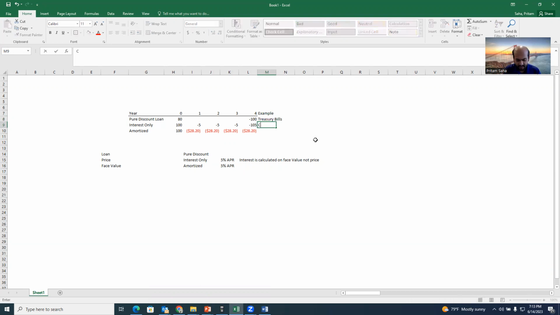Interest only: coupon bonds, which we're going to talk about next chapter, or a typical bank loan, sometimes interest only. Auto loans and house loans are amortized loans. Make sense?